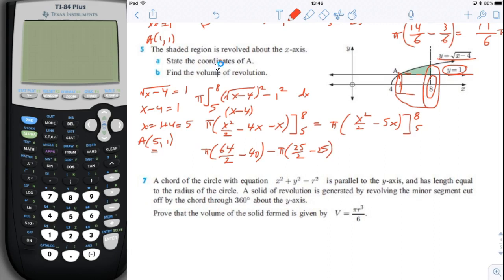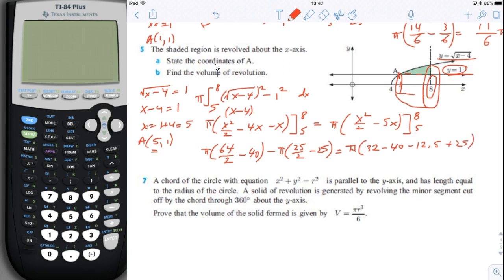So let me simplify this. So it would be pi times, and 64 divided by 2 is 32, minus 40, and then minus 25 halves, which is minus 12.5, plus 25.